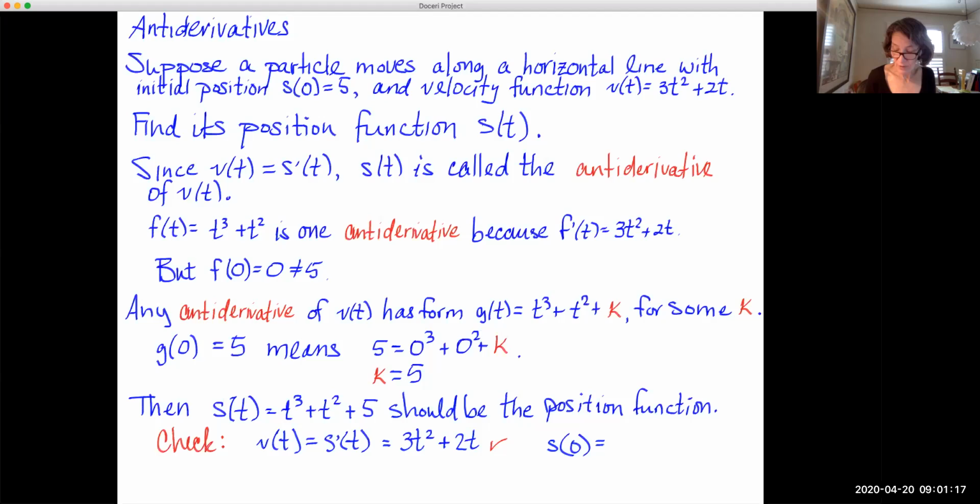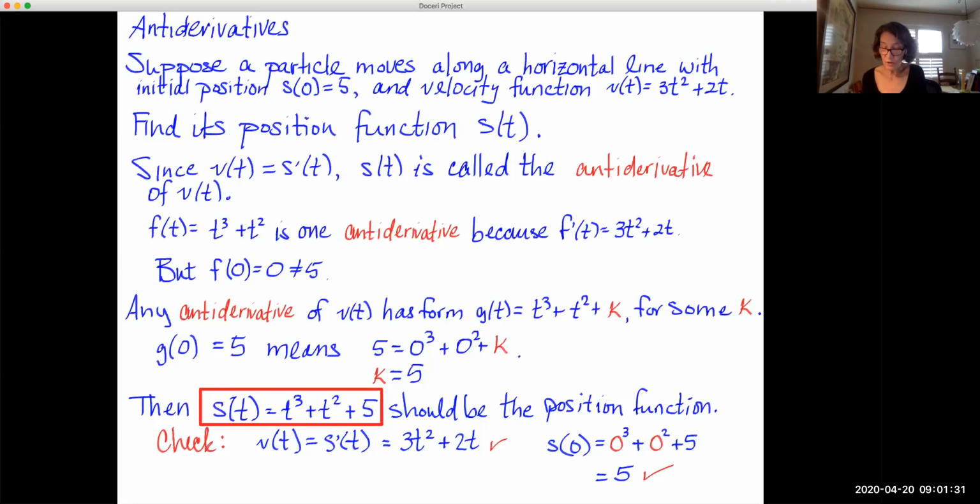And also, if we plug in 0 into the position function, we do get 5, so that works. So that's the function we were looking for. S of t has to be t to the third plus t squared plus 5.